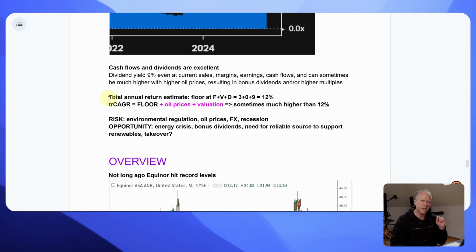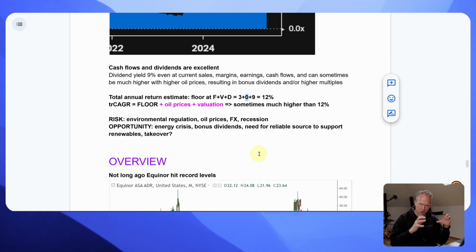Anyway, our calculation now for the total return CAGR for Equinor, it comes down to we have the fundamental base, so sales, assets, earnings per share, for example. Let's call that we can expect about a 3% annual positive change. Then it's the V part, the valuation multiple.